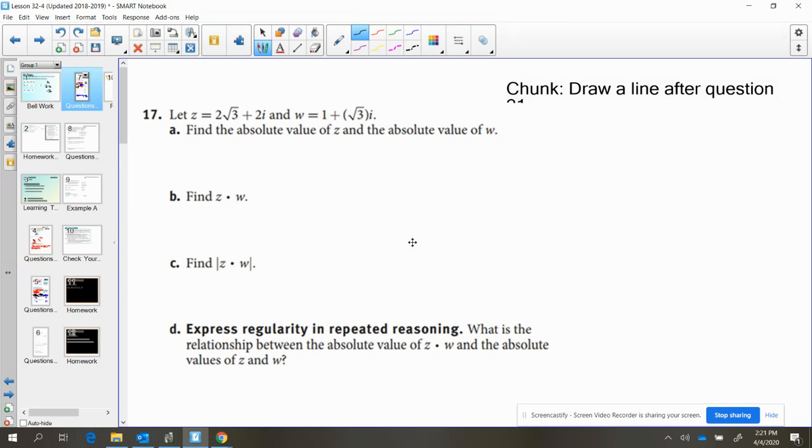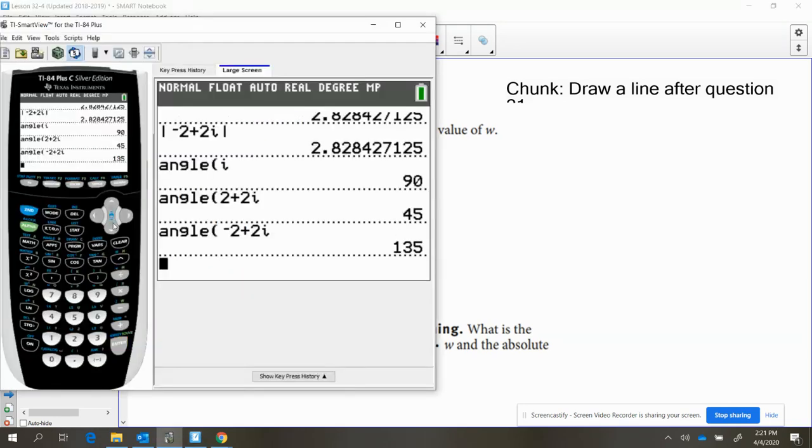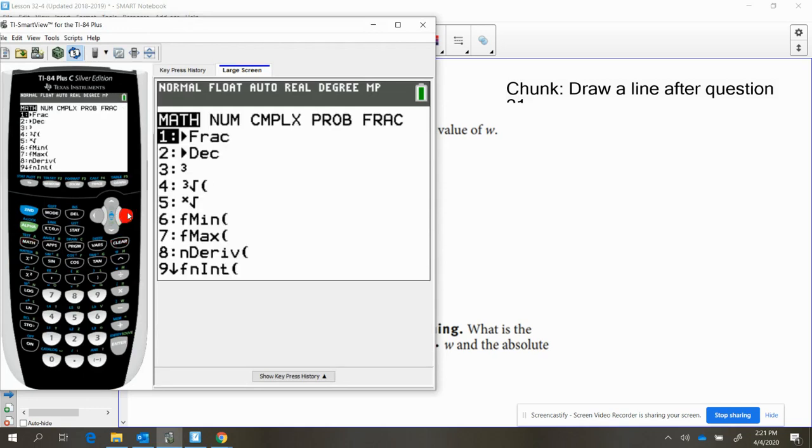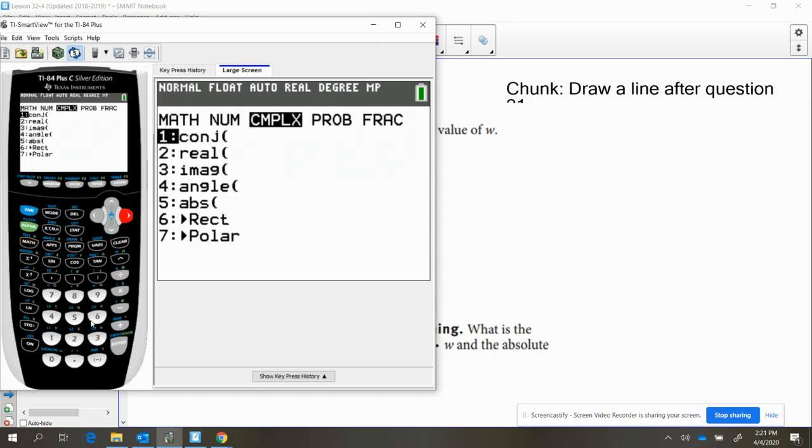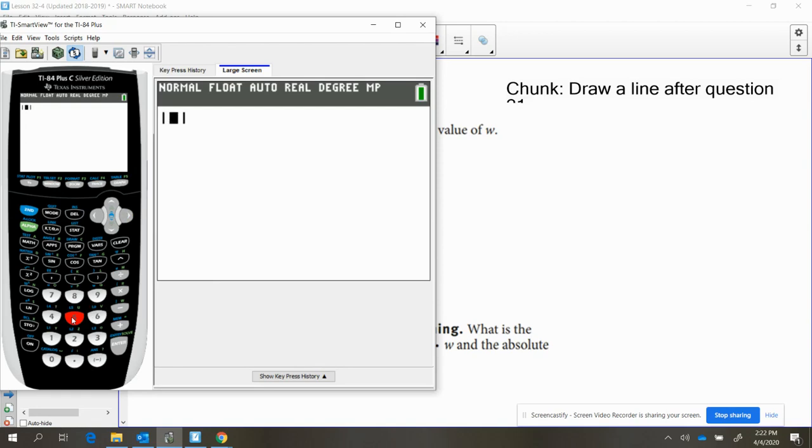So if we find the absolute value of z and the absolute value of w, again, we can use our calculator to help shortcut this for right now. We're going to do option 5 here. So z is 2 square root 3 plus 2i, so you have 4.